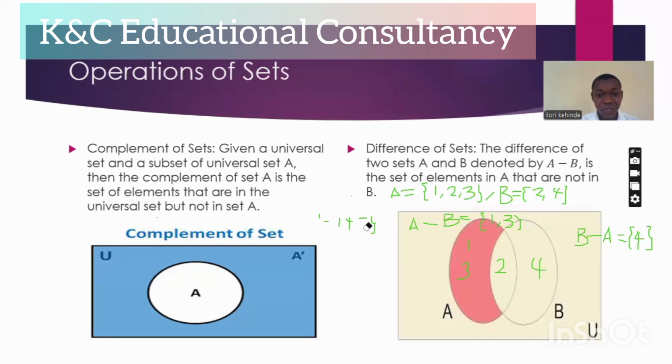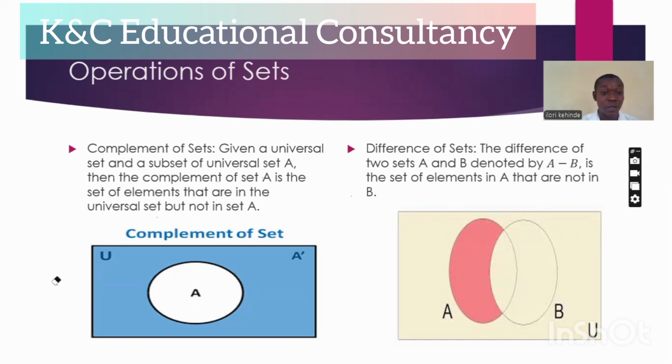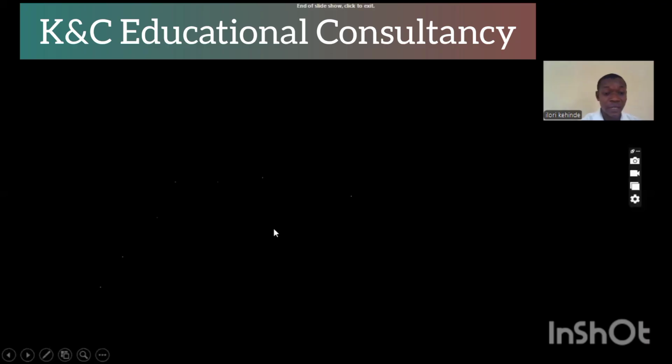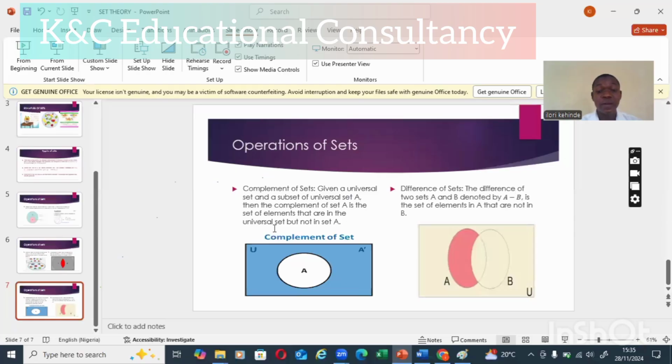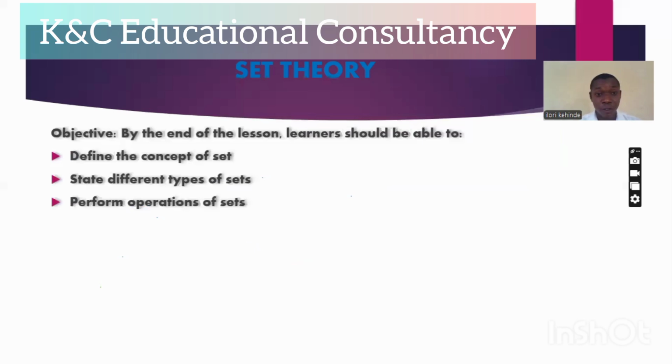So let's quickly round up before the next part. For today, we are able to understand the concept of set theory. We're able to know the definition of each type of set we have and how we can perform operations on sets.